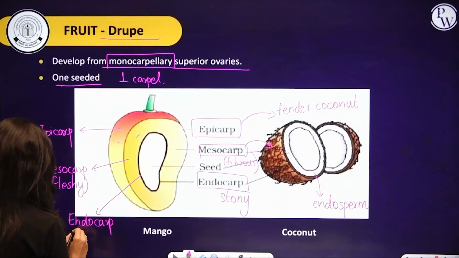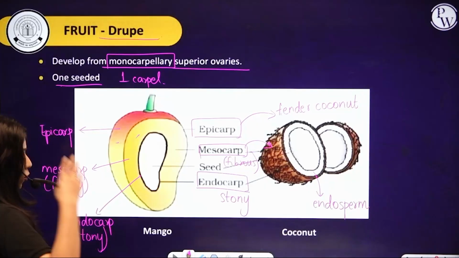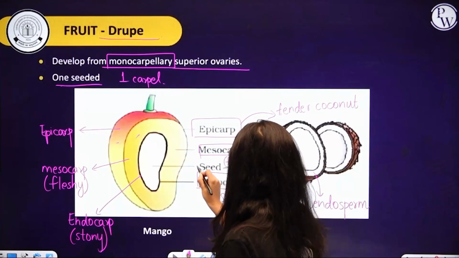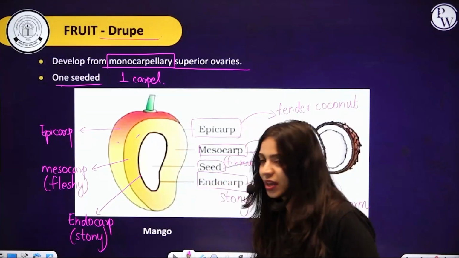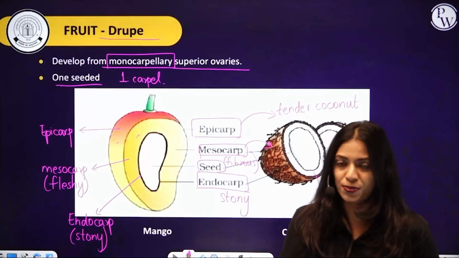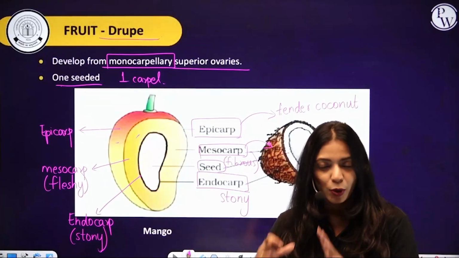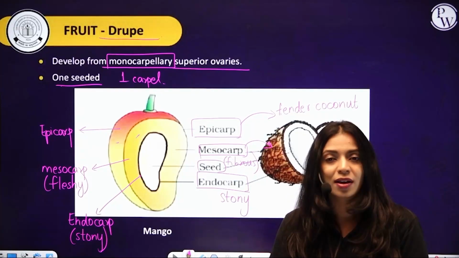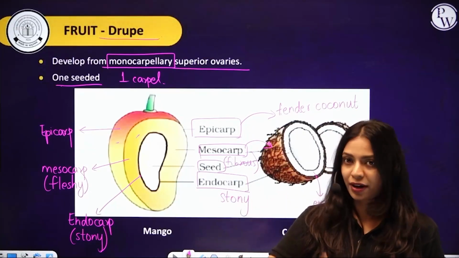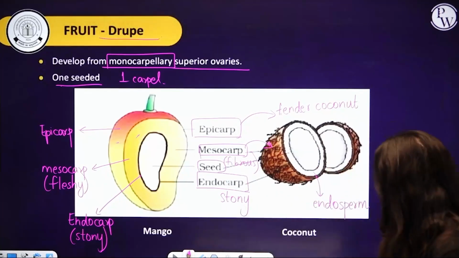Similar to coconut, even in mango, it is stony or hard. If you break that open, within that, you can find the seed. So coconut and mango are a type of fruits called drupes. Here in the pericarp or the fruit wall, you have three distinct layers: outer epicarp, middle mesocarp, inner endocarp.